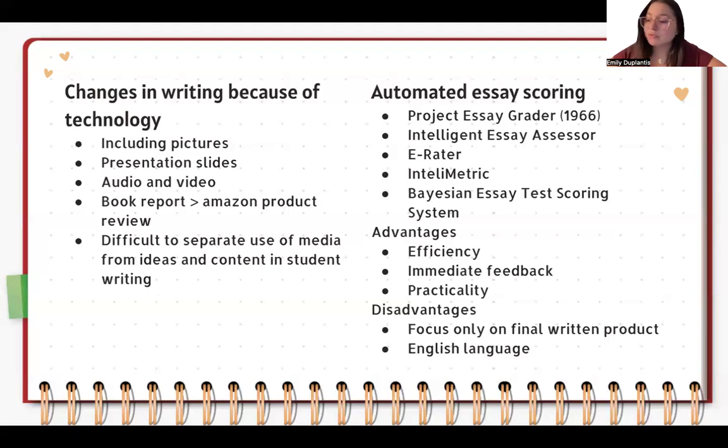So like I talked about before, we have that entire writing process, which is days and days of work that students put into these final products. As the teacher being in the classroom, we see this, we see those evolving changes in their writing. But these automated scoring programs only see that final product. So they don't see the journey that the student has taken in order to get to that final product.